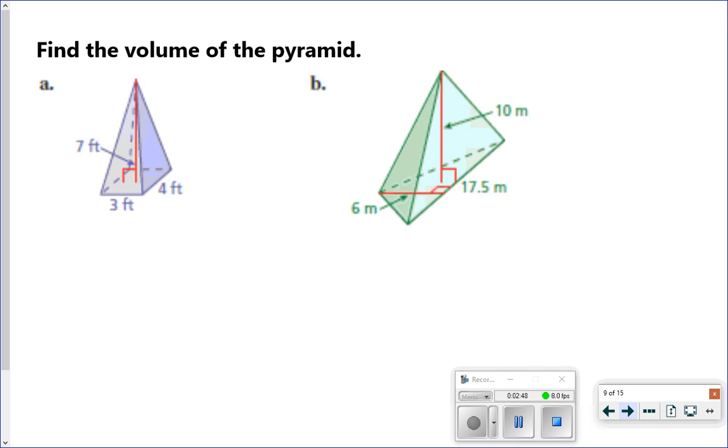Okay, so go ahead and, oh no, actually, sorry, these are different, so don't pause yet. Let's take a look at these. So A is a rectangular pyramid.